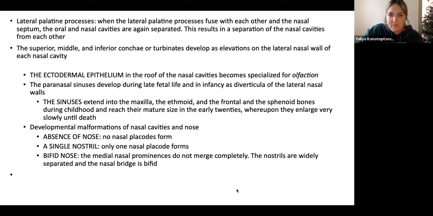We have to know something about sinuses. As you know, we have primary and secondary sinuses, right? Primary sinuses are something that you are born with, and secondary sinuses are the ones that you get as you grow. A very weird question that they ask you is why the face of the newborn is smaller compared to the face of the adult.